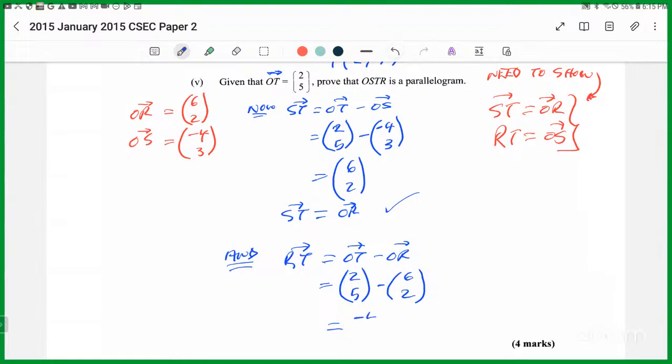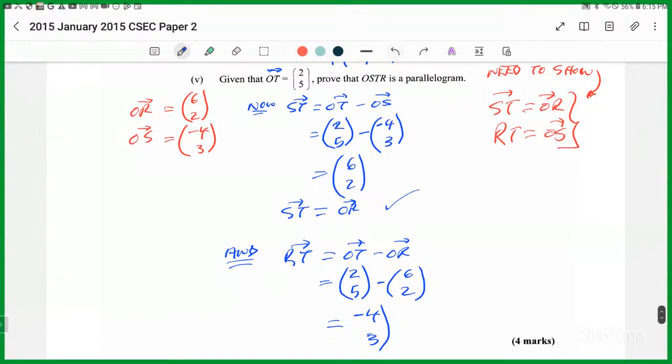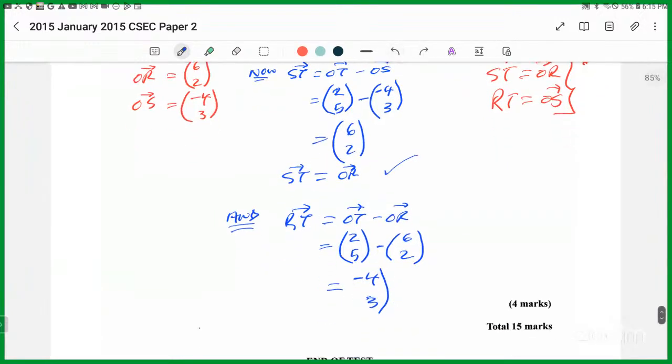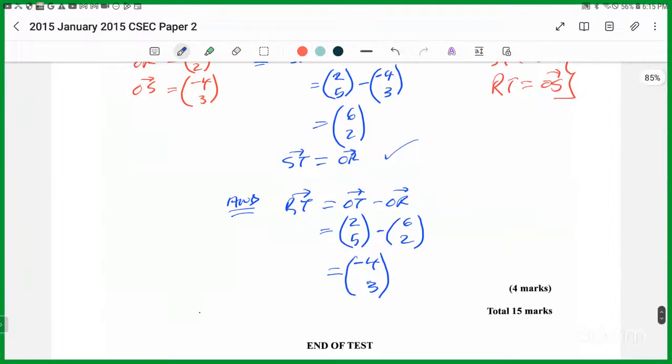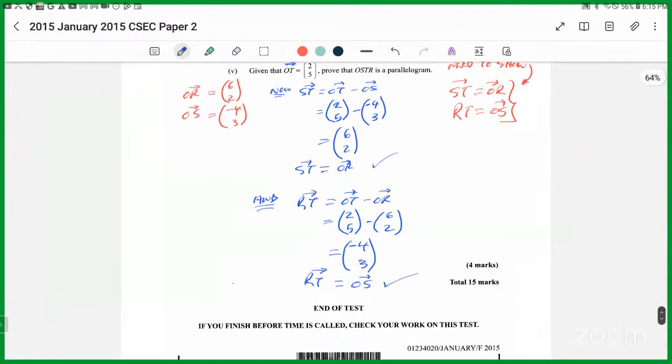And 5 minus 2 is 3. So this vector is OS. And RT is actually the OS. So I've shown both things.